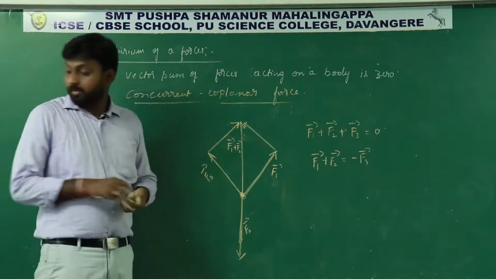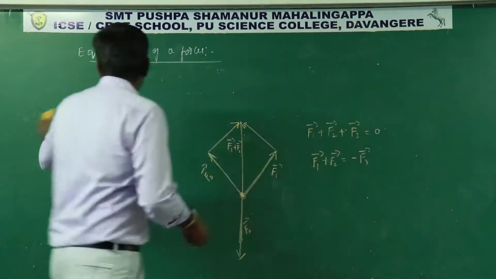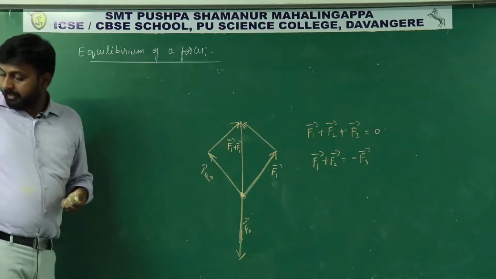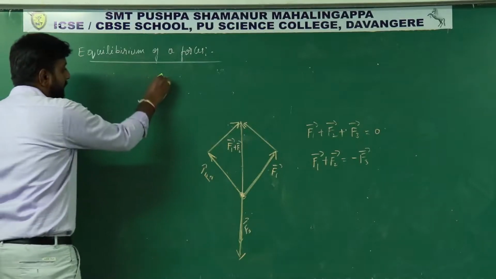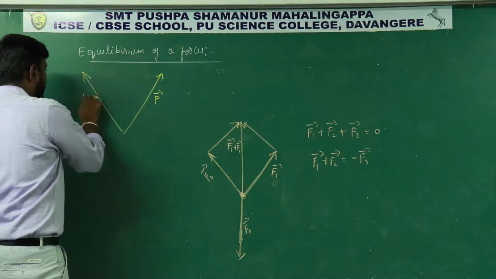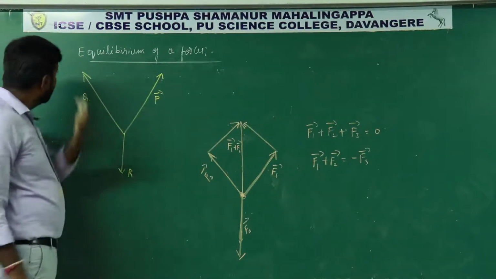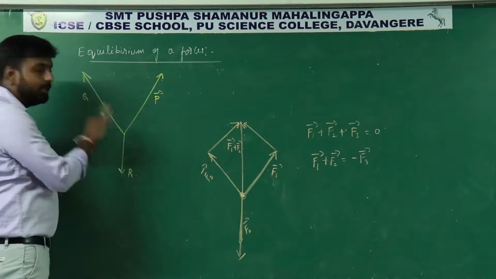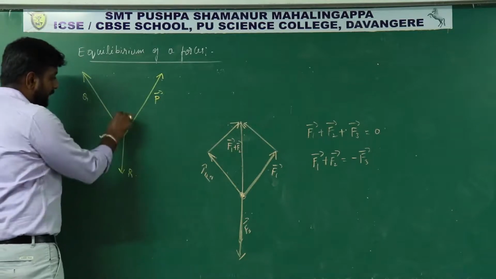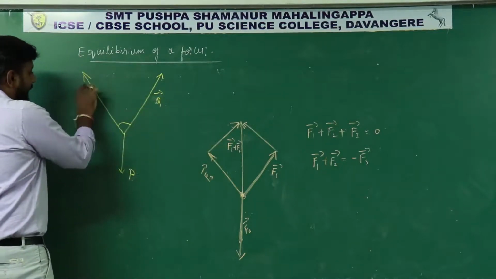And then, while solving problems, if we have three forces like this, let us take this as P vector, this as Q vector, and this as R vector. So P, Q and R vectors.